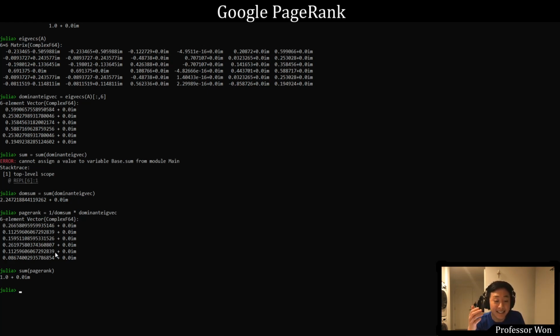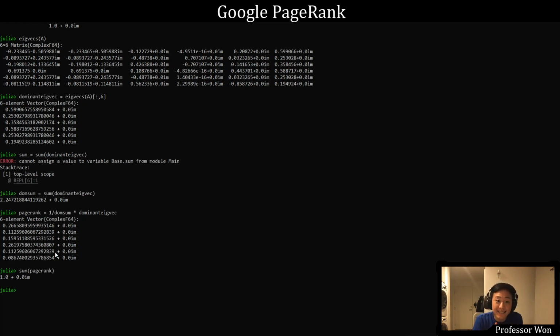But the idea is a very powerful idea. It still forms the basis of lots of the technology at Google, or in terms of ranking anything. There's ways to rank scientific journals, for example, where you let the directed edges be given by the number of citations from one journal to another. It turns out to be a pretty robust way to rank the importance of things if you have some notion of linking between them.